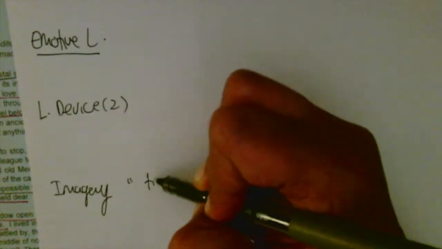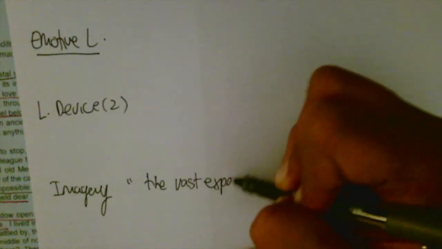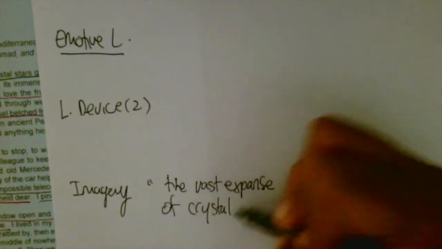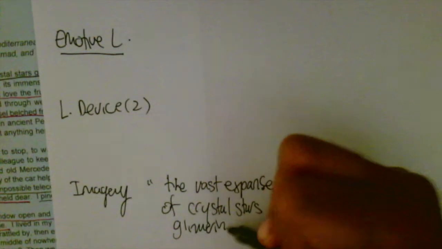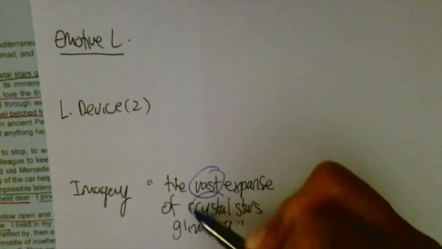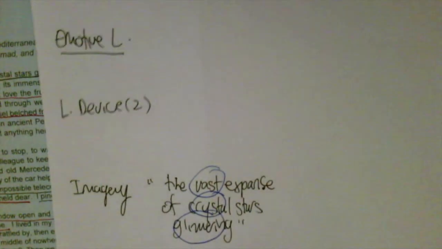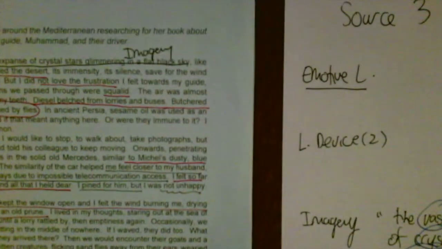The vast expanse of crystal stars glimmering. Now, remember, this is language analysis, so it's what words you're going to really focus on when you're analyzing, and I can see so much in that right away. So I've got imagery taken care of.